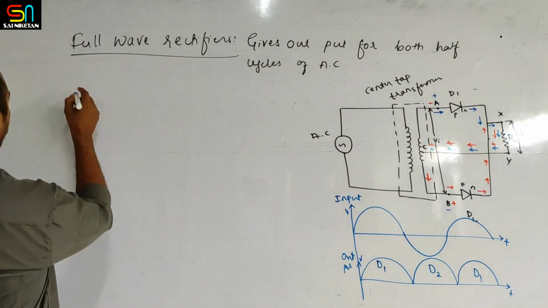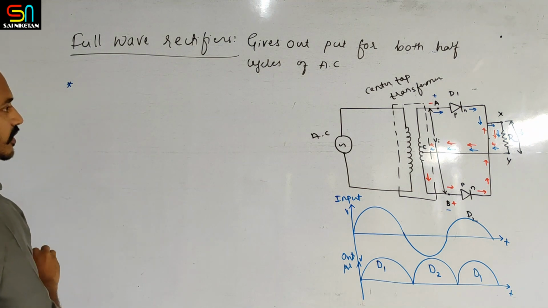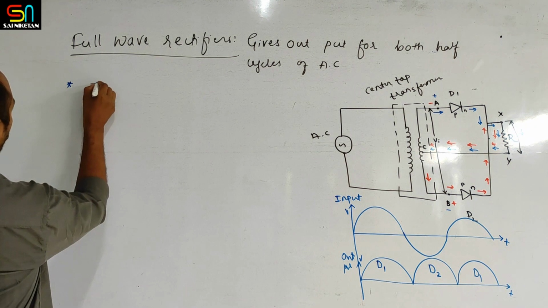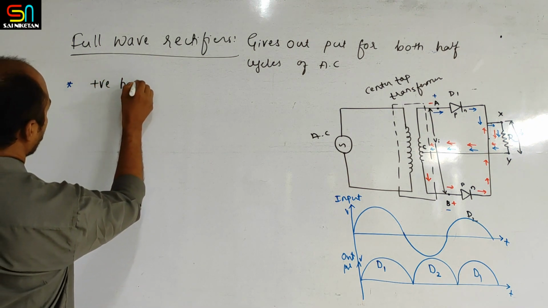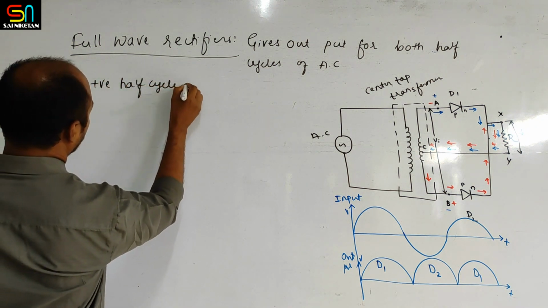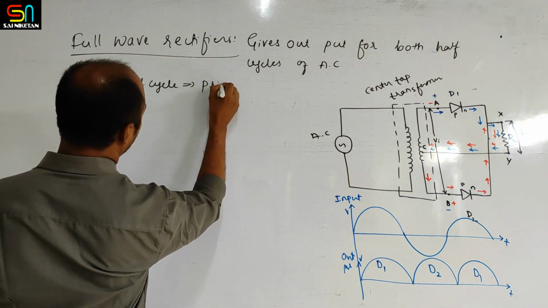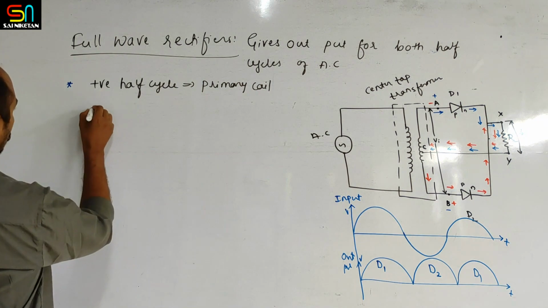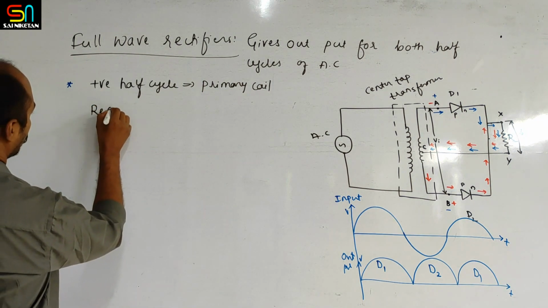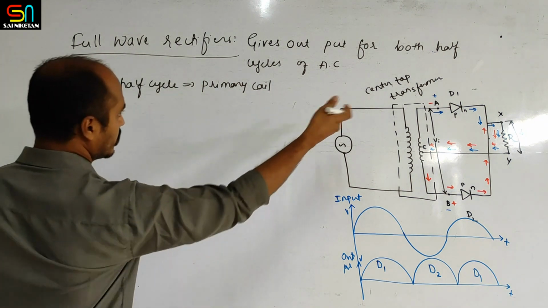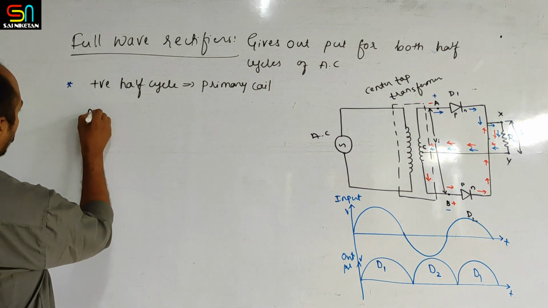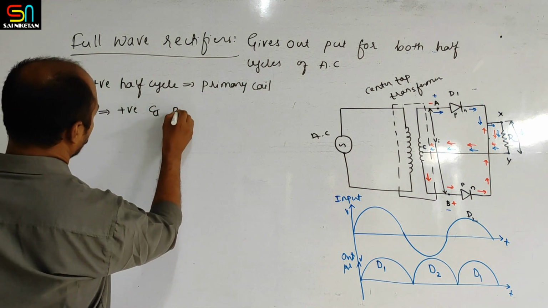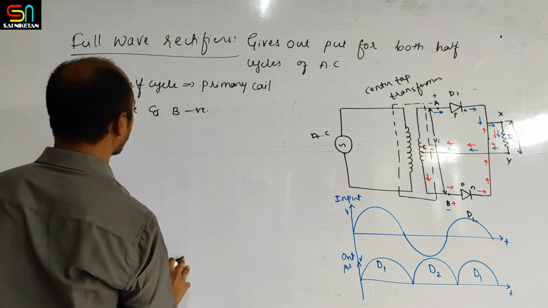So, working. When the positive half cycle flows through the primary coil, in the secondary coil, point A becomes positive and point B becomes negative.